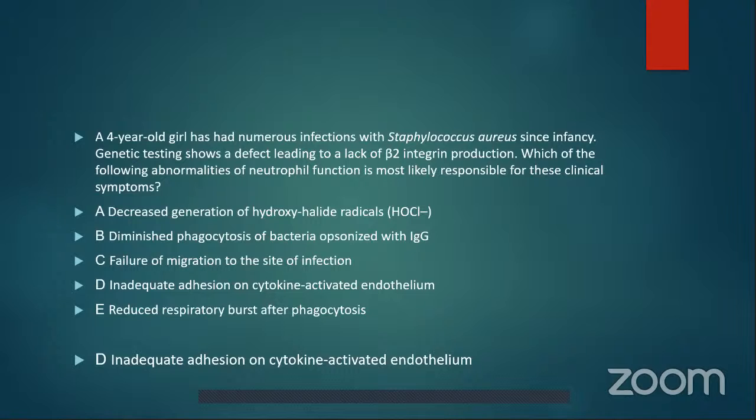So selectins were involved in the rolling of the leukocytes, and integrins were involved in attaching of the leukocytes to the endothelium. So a defect in beta-2 integrin production will obviously result in inadequate adhesion of the leukocyte on the cytokine activated endothelium, and that's why the inflammatory process is not going on well, and that's why this girl is having recurrent infections with Staphylococcus aureus.